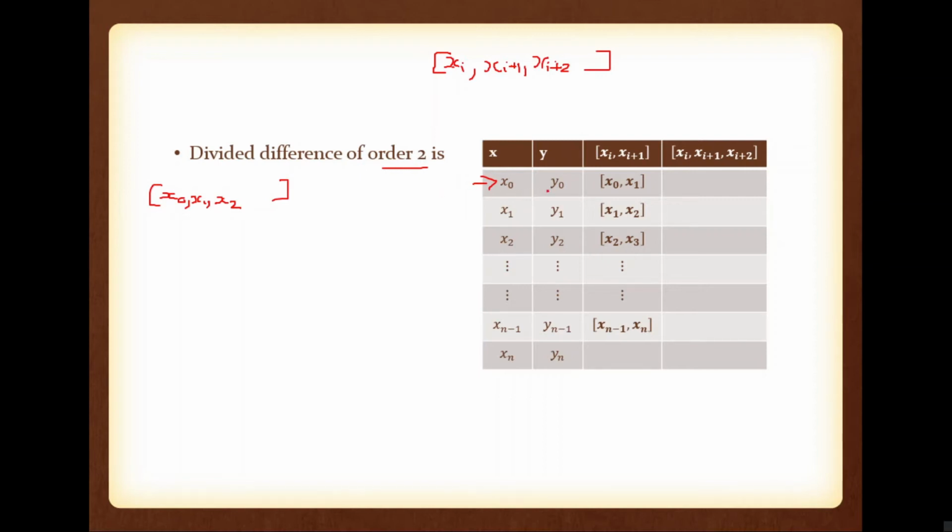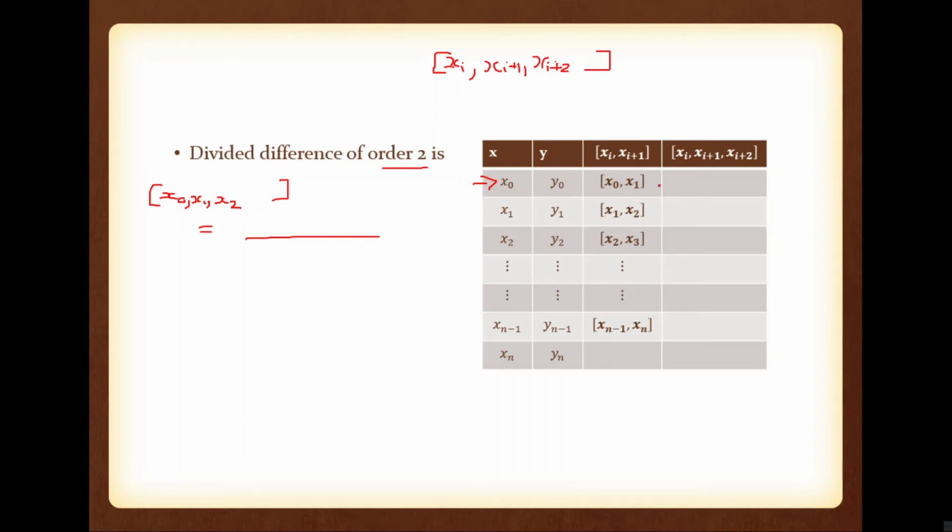And what is the expression required? Here it is something different from the finite forward difference. The numerator is similar to the finite forward difference. In finite forward difference, how do we find the difference? Next value minus current value. Here, instead of that, we use current value and the next value. That is one difference we noted. [x0, x1] is y0 minus y1 divided by x0 minus x1.